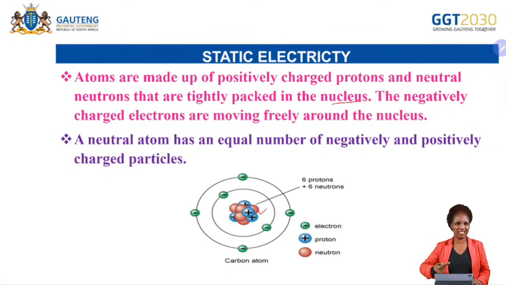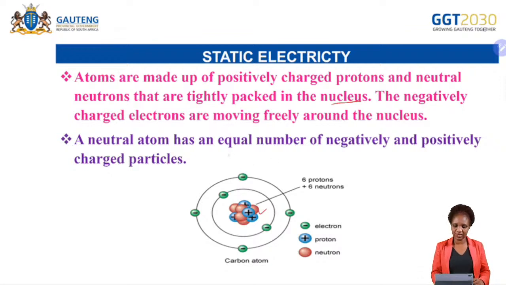And then what is orbiting around? Electrons are orbiting around. And if we're talking about orbiting, do you understand, grade 8, what we're talking about? Orbiting, this is revolving or rotating, moving around the nucleus. That is orbiting. Okay. And then a neutral atom has an equal number of negatively and positively charged particles.